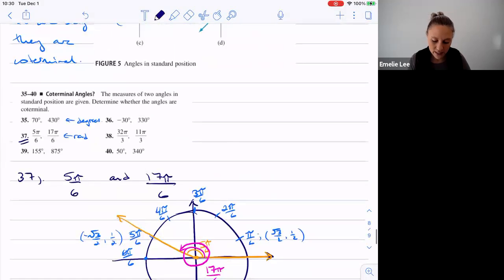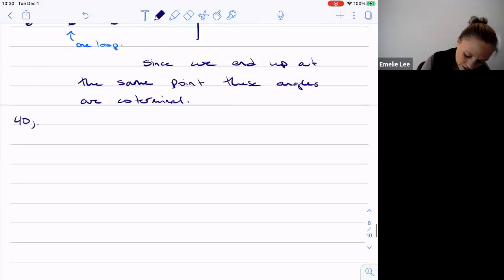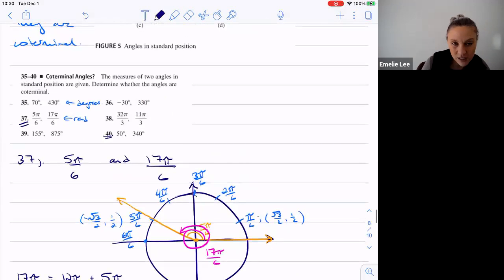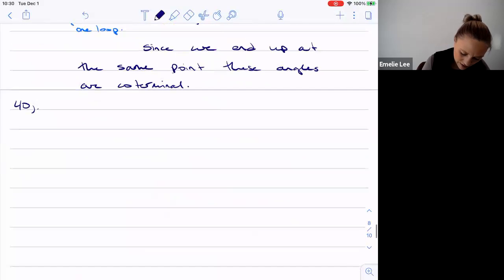So we know how to deal with radians, and that's the hard part, right? So let's have a look at maybe 40. Now we're in degrees. So 40 was 50 degrees and 340 degrees.